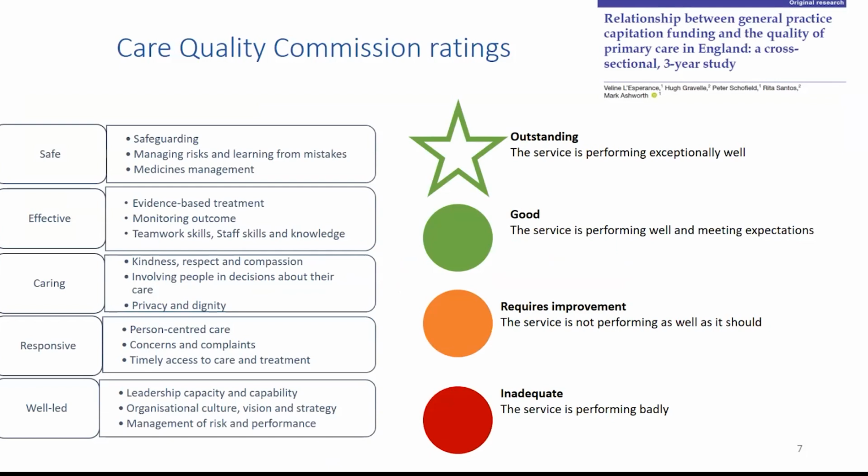That's in terms of safeguarding, adult and children, and medicines management. Is it effective? Are you providing evidence-based treatment? What are your team working skills like? How is monitoring of patients done? Is it caring? When the patient books an appointment, are the receptionists nice, respectful, compassionate? Are the clinicians giving the patient privacy and dignity?